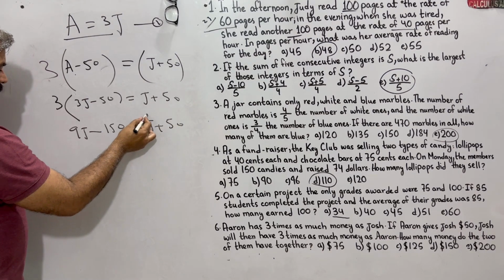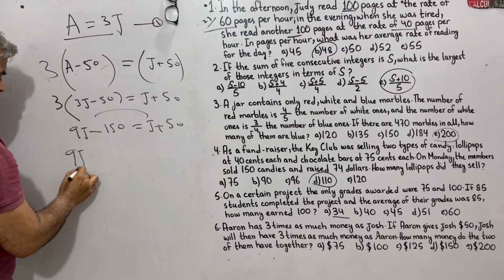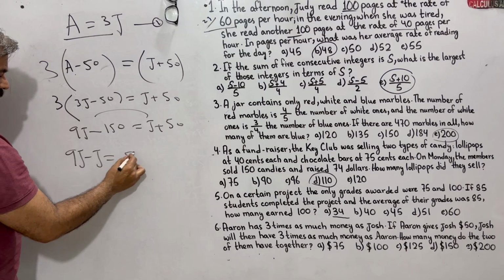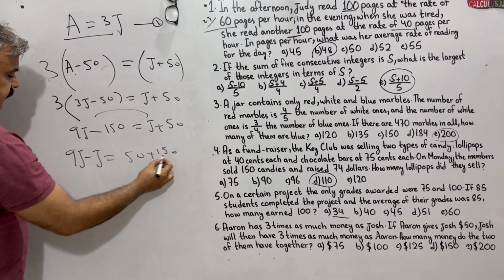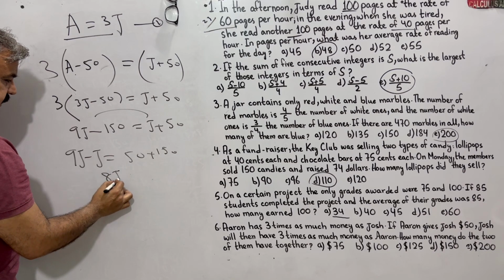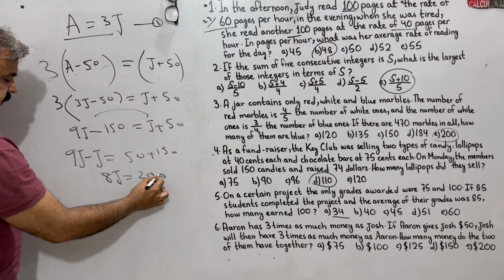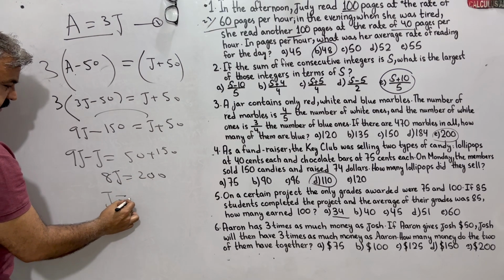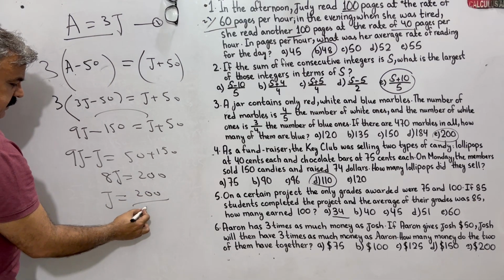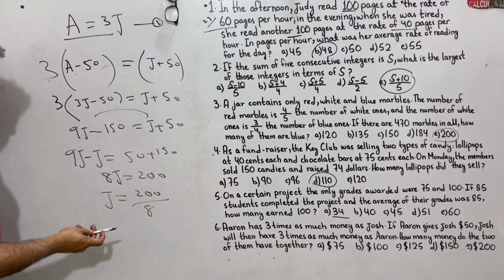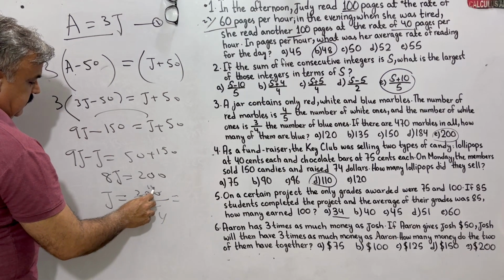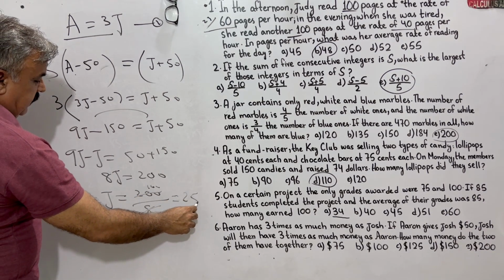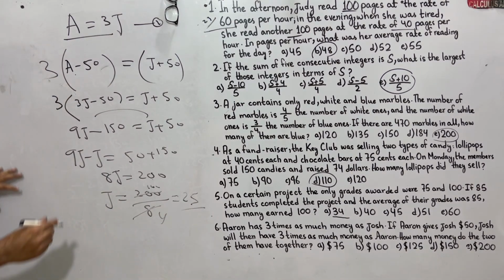Solve for J: shift J here, 9J minus J, and shift 150 to the right, where it turns positive. So 8J is going to be 200, or J is 200 over 8, which is 25.